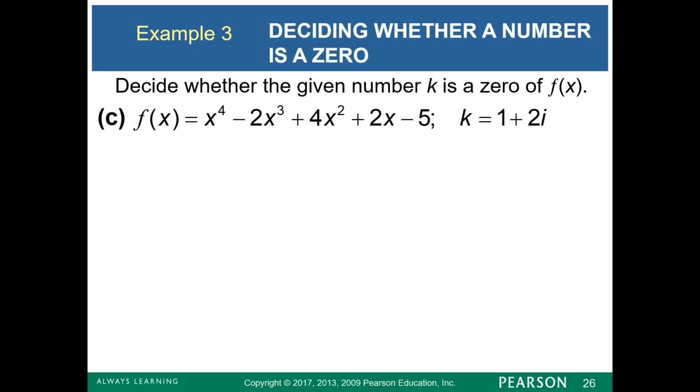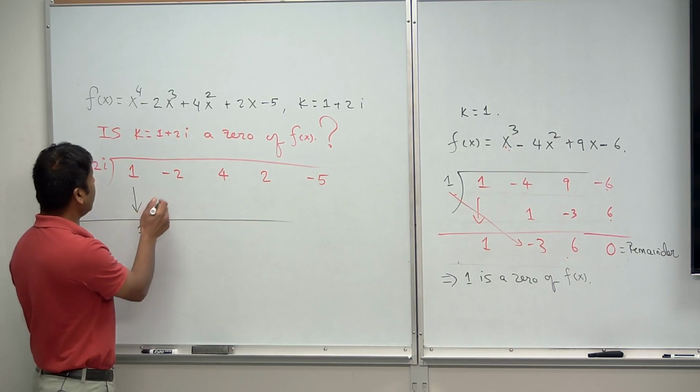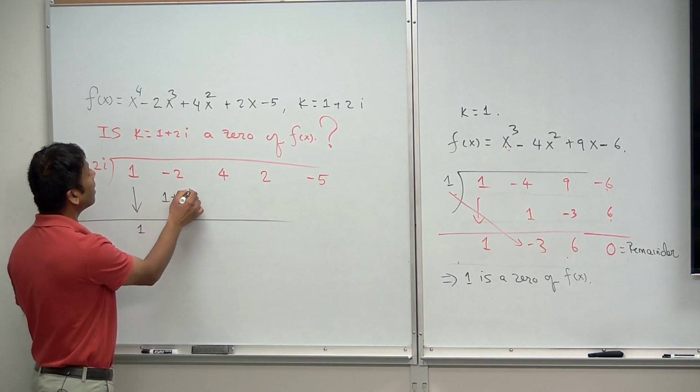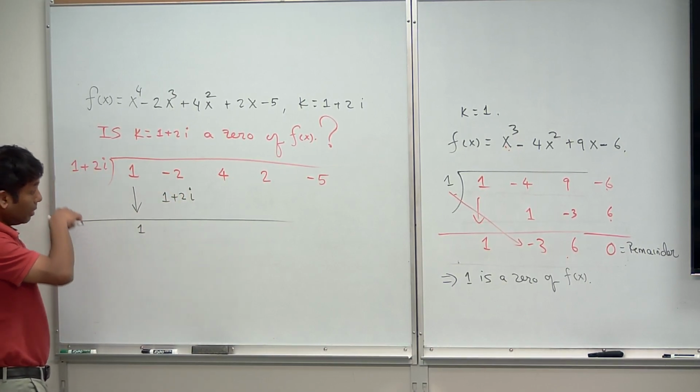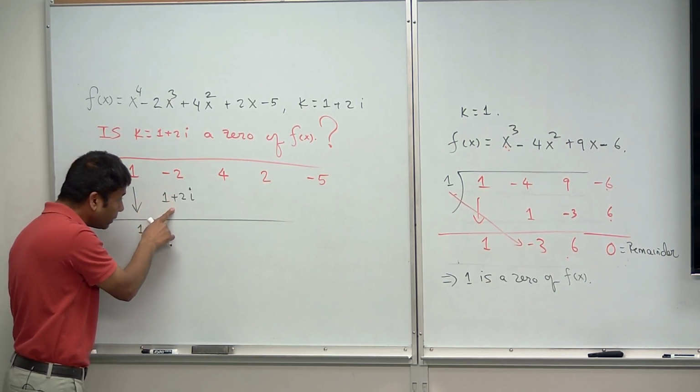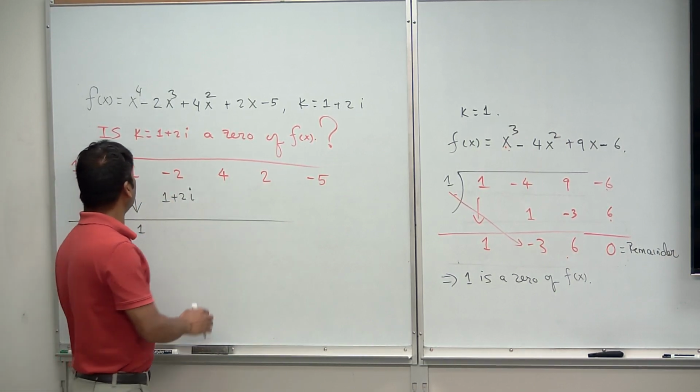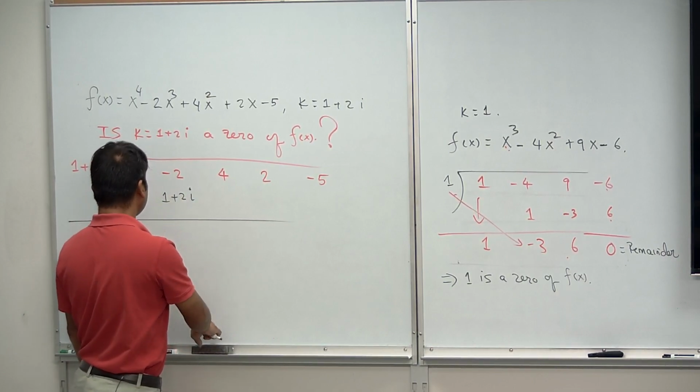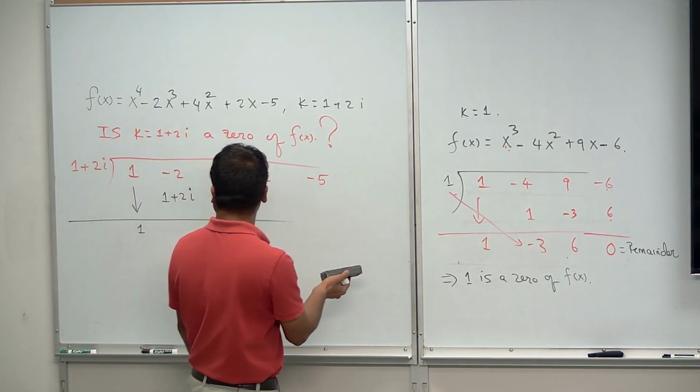So when you want to use synthetic division, you bring down the first coefficient. Bring down 1. So you have 1 here, right? So what is 1 plus 2i times 1? 1 plus 2i. Is that right? Now you add them up. -2 plus 1 plus 2i.